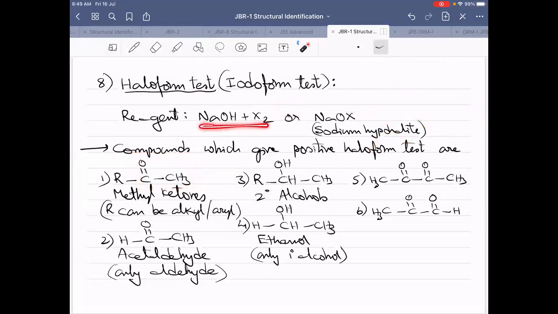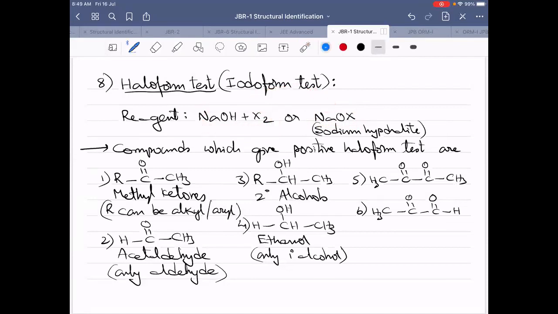The reagent here is sodium hydroxide plus halogen. The halogen can be chlorine, bromine, or iodine. Both together on reaction will form NaOX, sodium hypohalite. That is why you can take these two, or you can take this one directly, because when you take these two you are going to get this only.